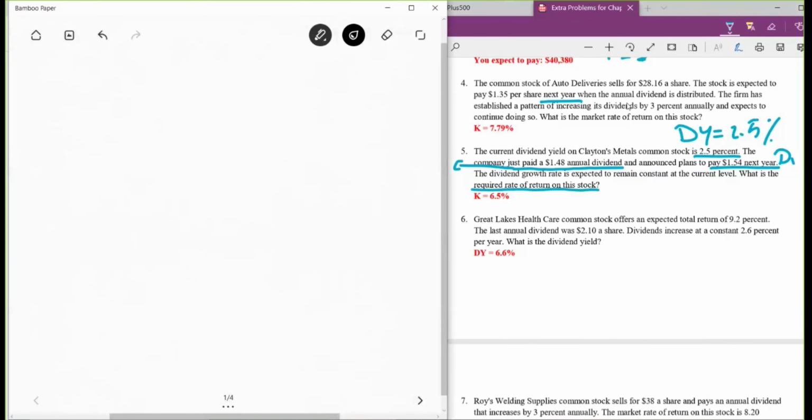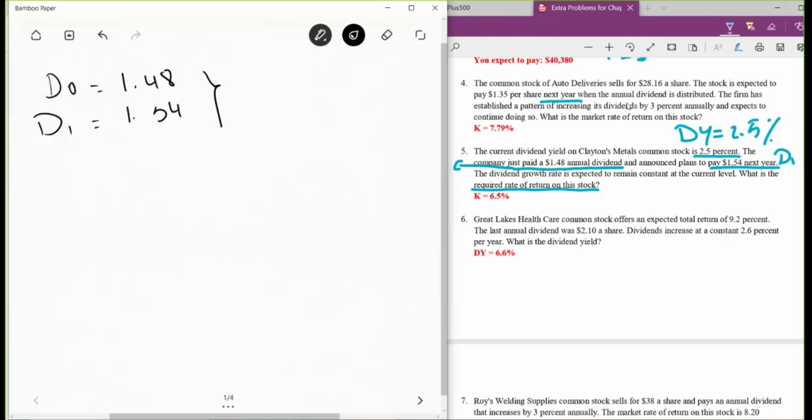Now, whenever D0 and D1 are both given in the same problem, this means that you should use that information to compute the growth rate. So this is 1.48. This is 1.54.